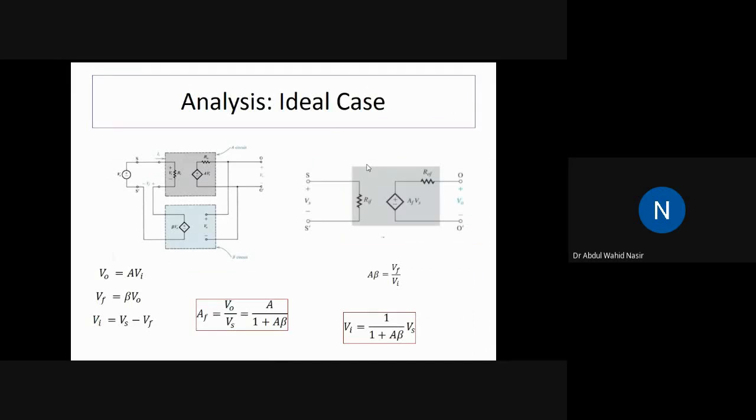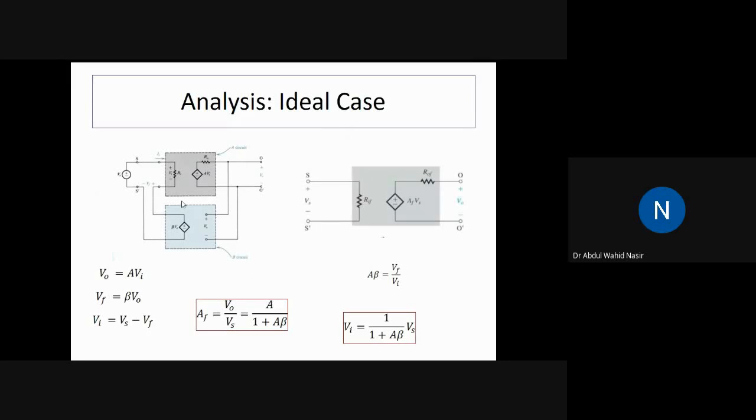Now see in this circuit diagram, the left-hand side represents the ideal structure of a series-shunt feedback amplifier. It consists of a unilateral open-loop amplifier having a gain A, and a beta circuit network, that is, the feedback network having the beta.